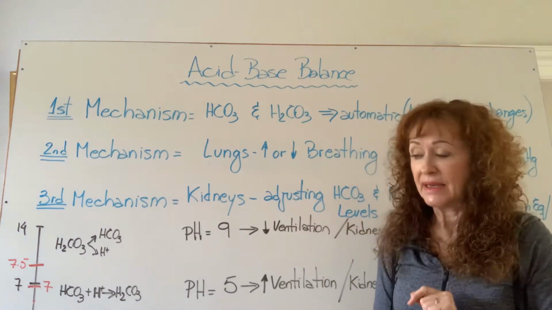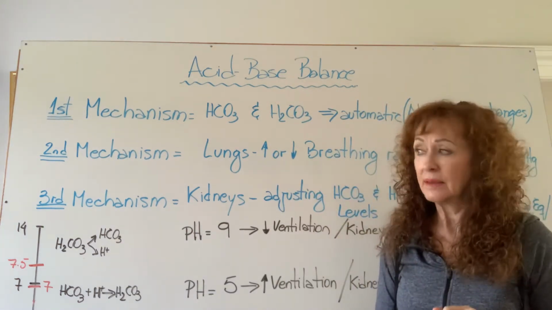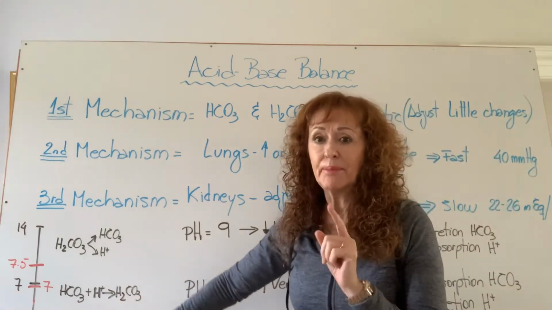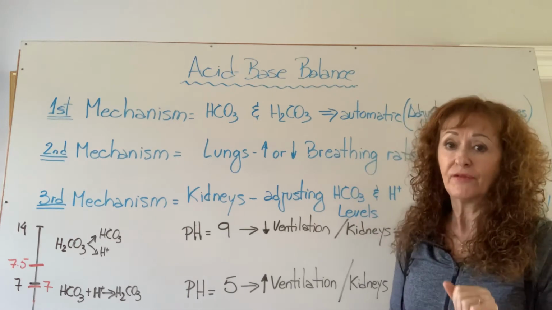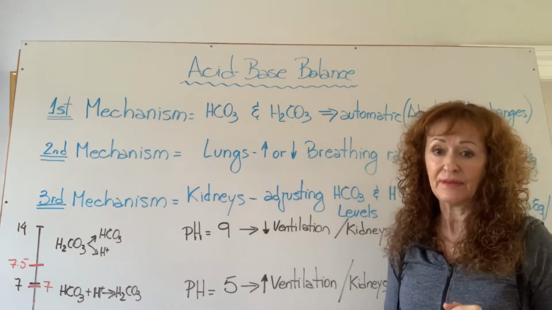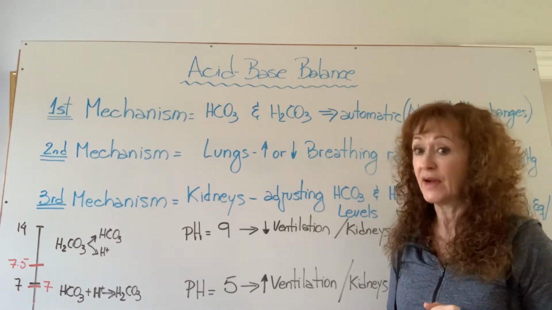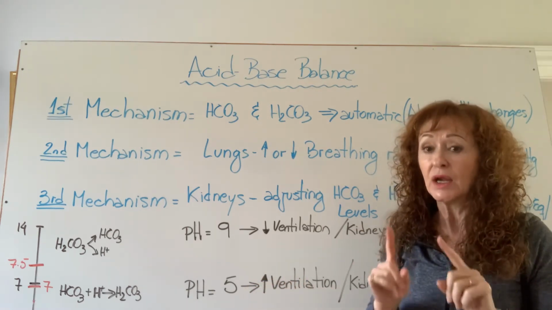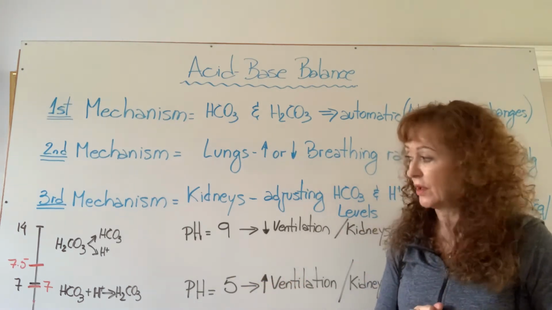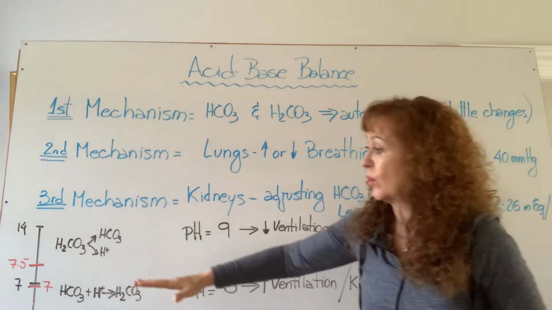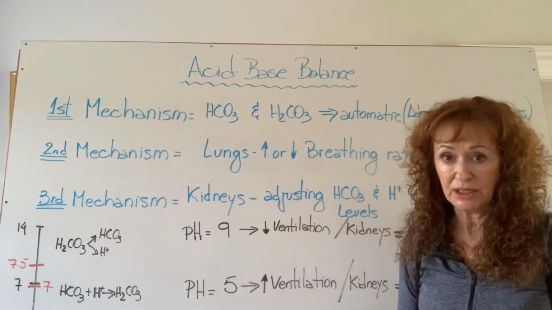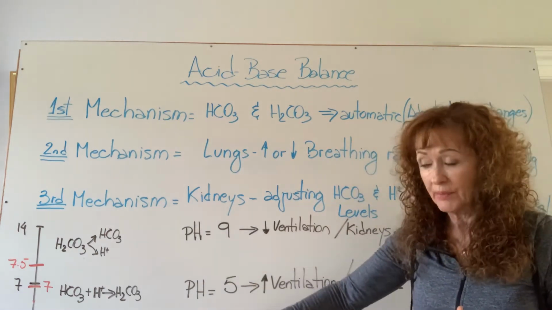The other scenario, still using the first mechanism: what happens if the blood pH drops from the minimum level, that is 7.35, to 7? 7 is neutral, but it's still not the normal pH for blood. In this case, when it's dropping to 7, the amount of hydrogen increases because the pH dropped.